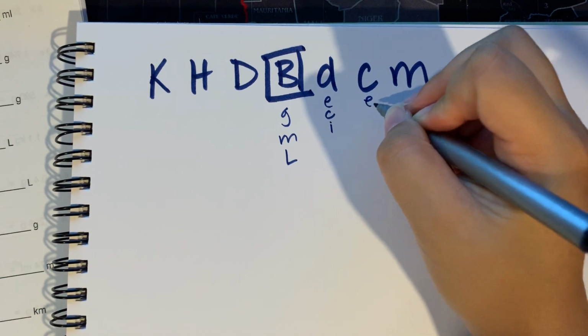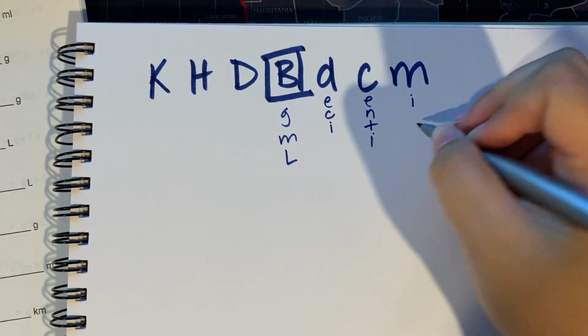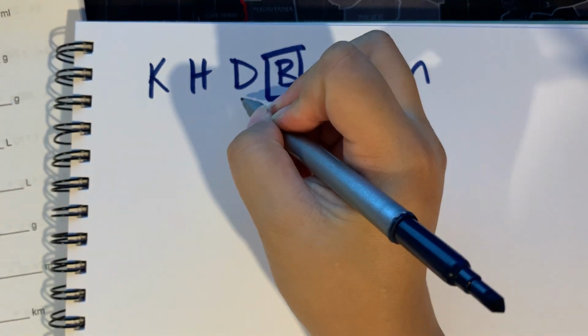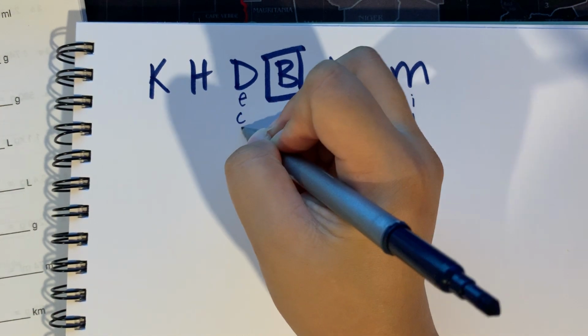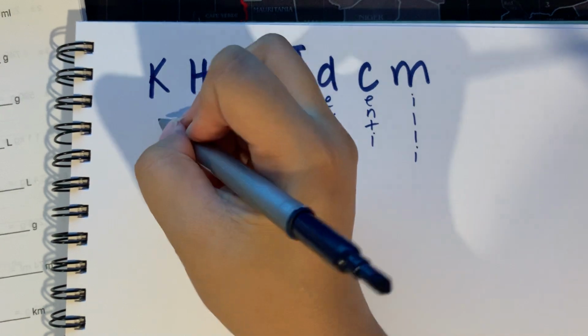And then you have centi, and then milli. You have deca, hecto, and kilo.